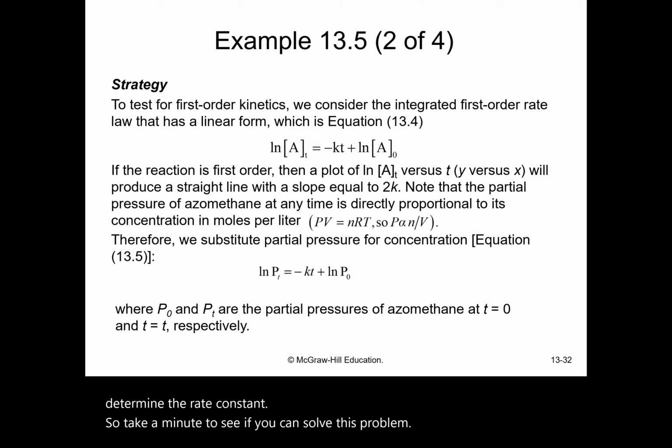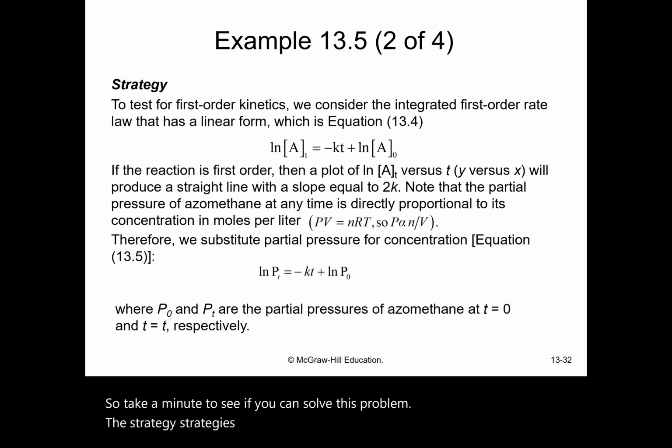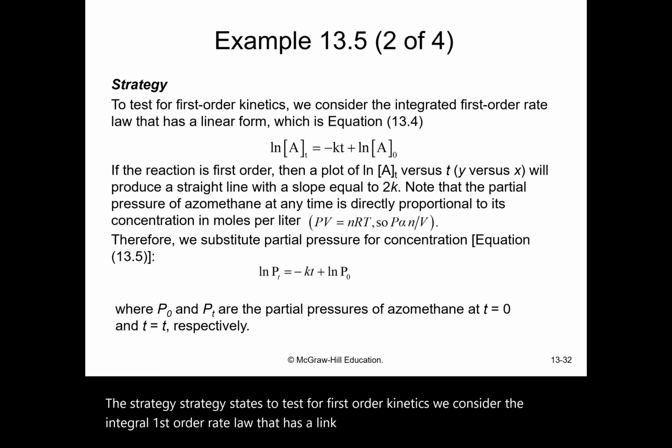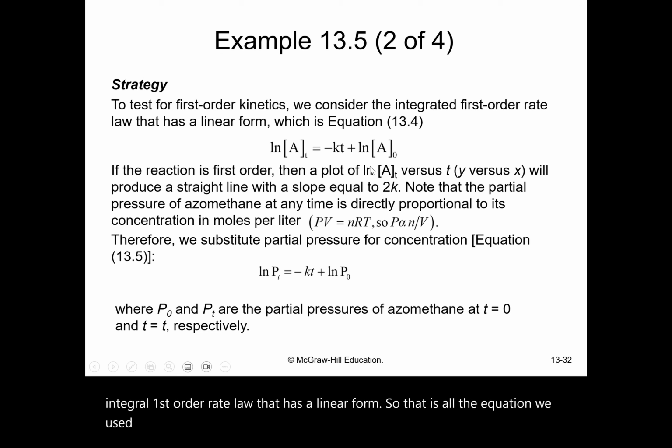The strategy states, to test for first order kinetics, we consider the integrated first order rate law that has a linear form. That is the equation we used before too: ln of concentration of A sub t is equal to negative kt plus ln of concentration of A sub 0.